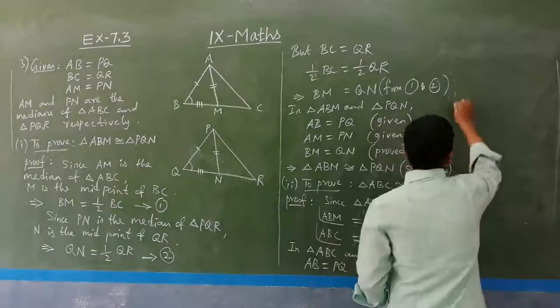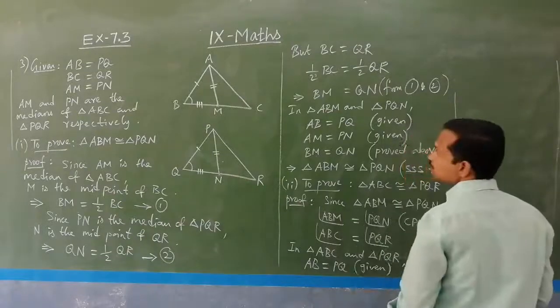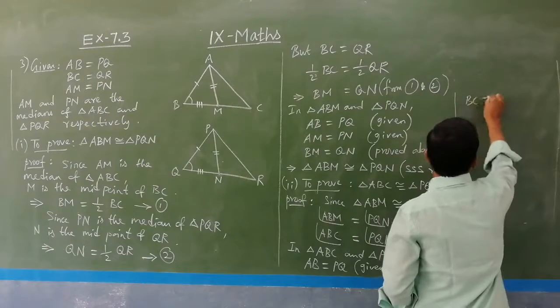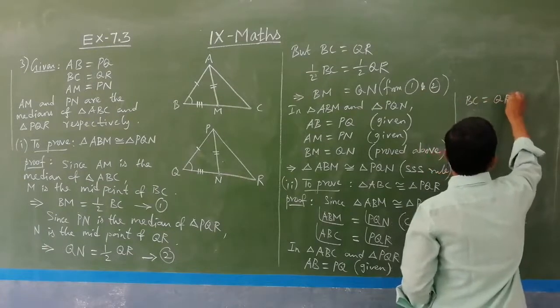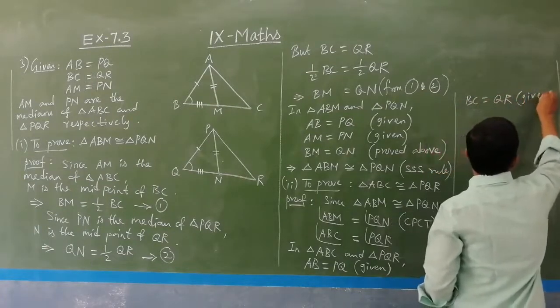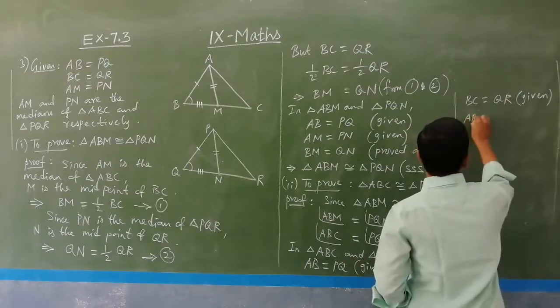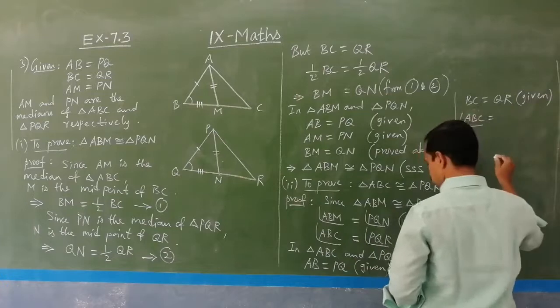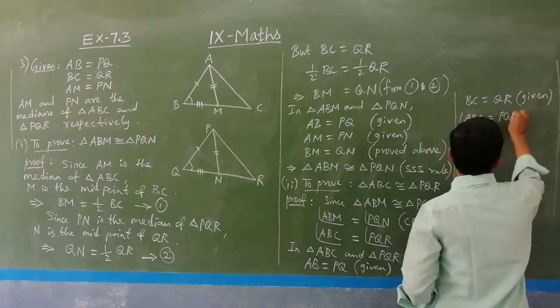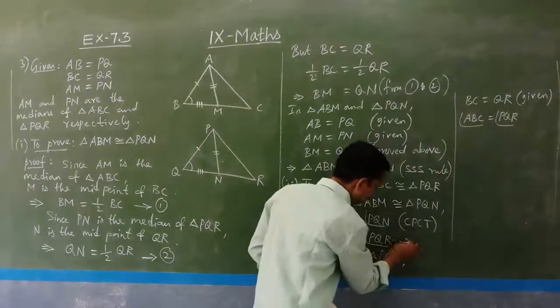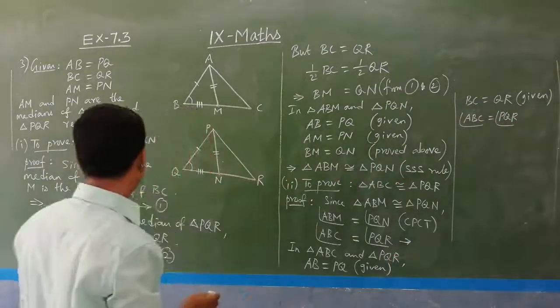And the next, BC equal to QR, that is also given. And now we have proved these two angles are equal: angle ABC is equal to angle PQR.